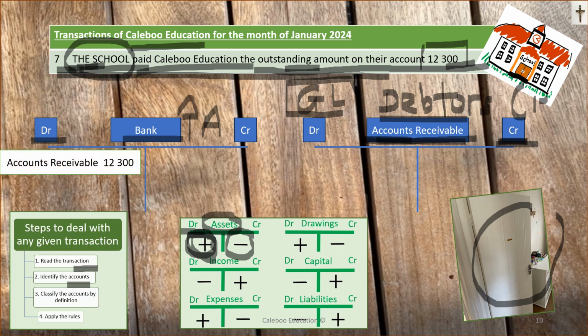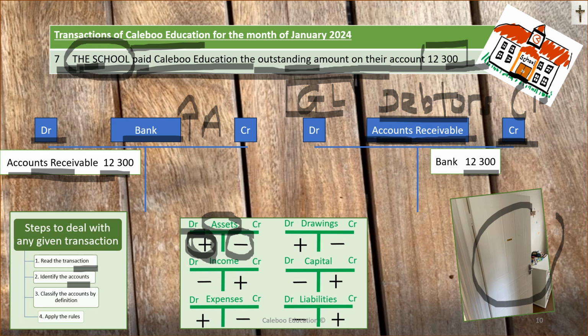So bank was debited because the bank balance increased by 12,300. Debtors control was credited because the debtors owed 12,300 less. Our asset debtors has decreased by 12,300.